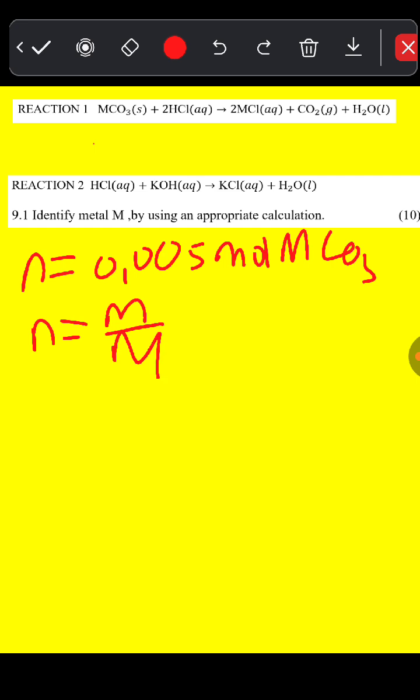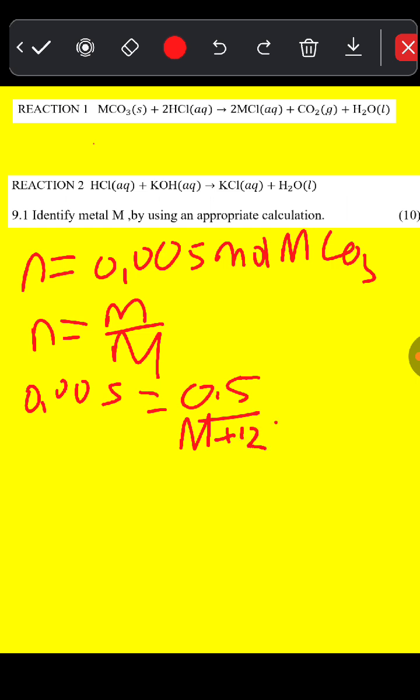Now, the number of moles is 0.005. The mass of the metal carbonate was 0.5, over the molar mass, which is the mass of M plus the molar mass of carbon, which is 12, plus 3 oxygens.